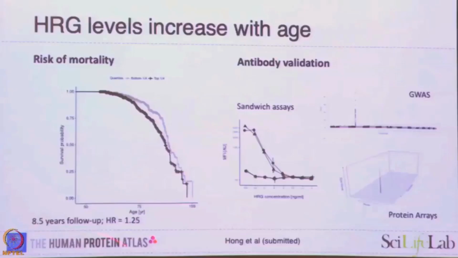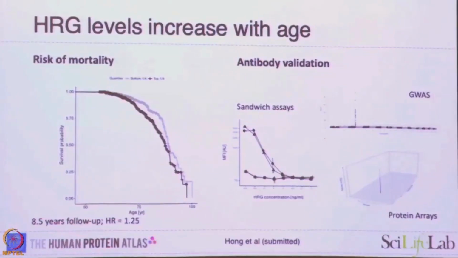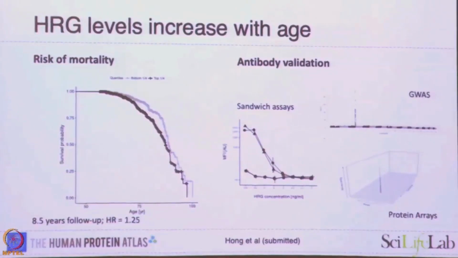It seems that elevated levels of this protein increase your risk of dying compared to low levels, specifically up to 8.5 years prior to death. And this is on all-cause mortality, so it's not linked to any particular cause of death, like cancer or cardiovascular disease.